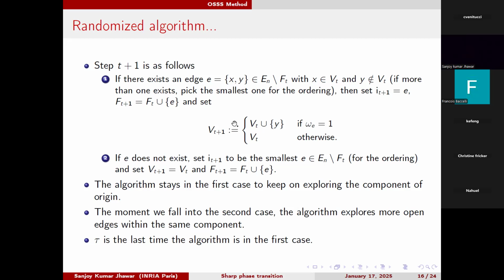That means you keep on exploring more vertices, and when you don't, you keep on exploring the component itself, where you don't grow the set of vertices, but you can grow the set of edges that will complete the component that intersects the boundary.